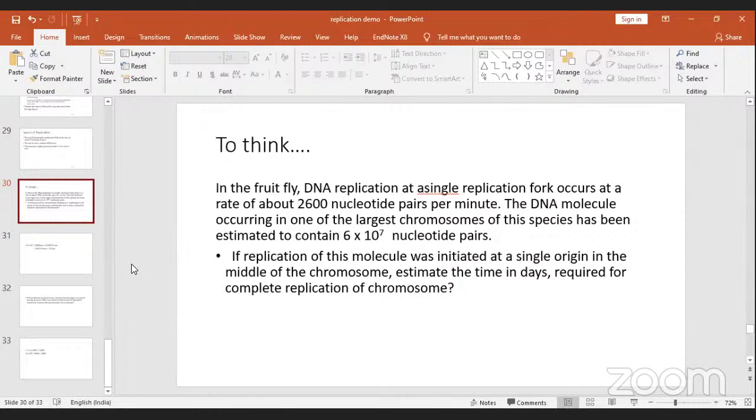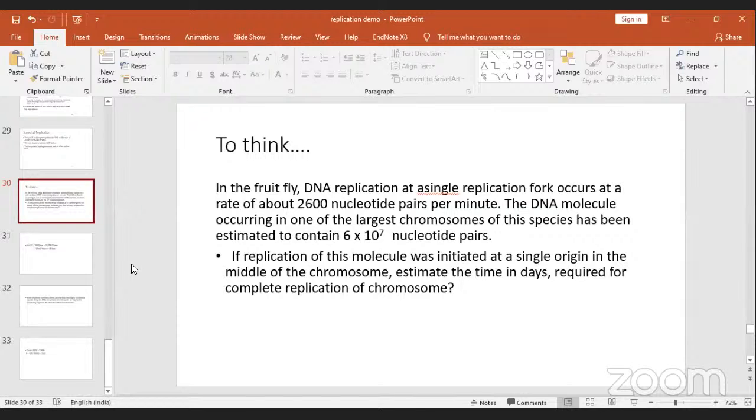Then after that, what did you do? You got that many nucleotides per day, and the length of the chromosome is given. How did you get 15 or 16 days? I simply divided. You multiplied or you divided it? I divided. You got how many days? 15 point something, 15 to 16 days.